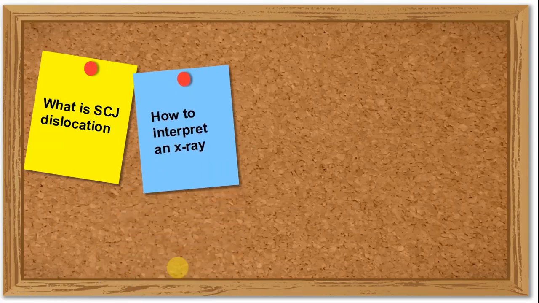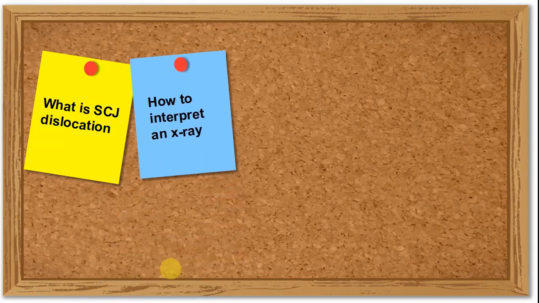We also briefly talked about the interpretation of the X-ray. We went through it in a systematic way, looking at the adequacy, alignment, airway, the bones, cartilages, soft tissues, and joints, and then summarized everything together.